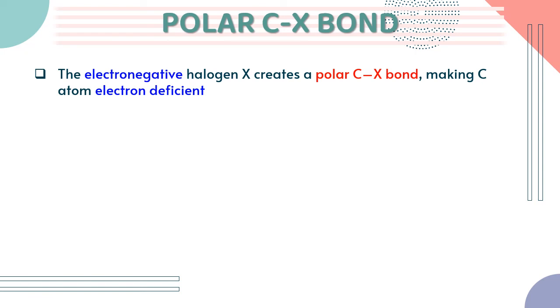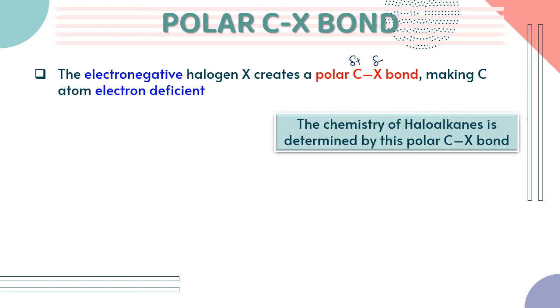So when bonded to carbon, it will create a polarity, where carbon will be partially positive and the halogen will be partially negative. The chemistry of haloalkane is determined by this polar CX bond. In other words, the reaction will occur at this polar CX bond.